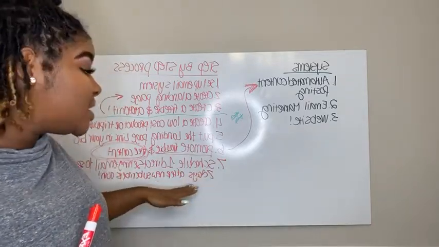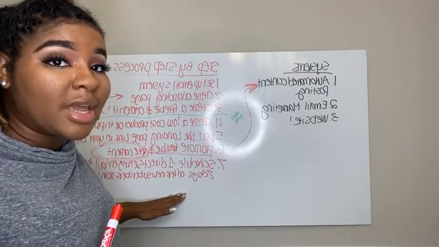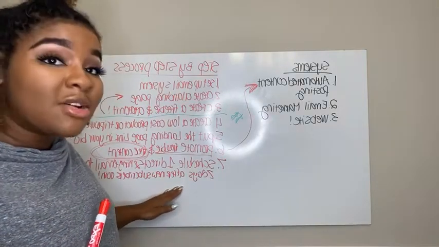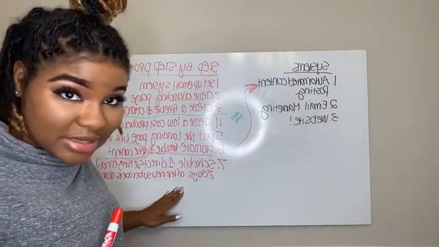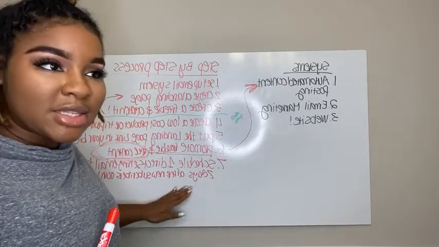But if you have this email set up to go out automatically 2 days after they join your email list, you don't have to worry about forgetting to sell stuff. It's set up automatically. And that's the point of a sales funnel.